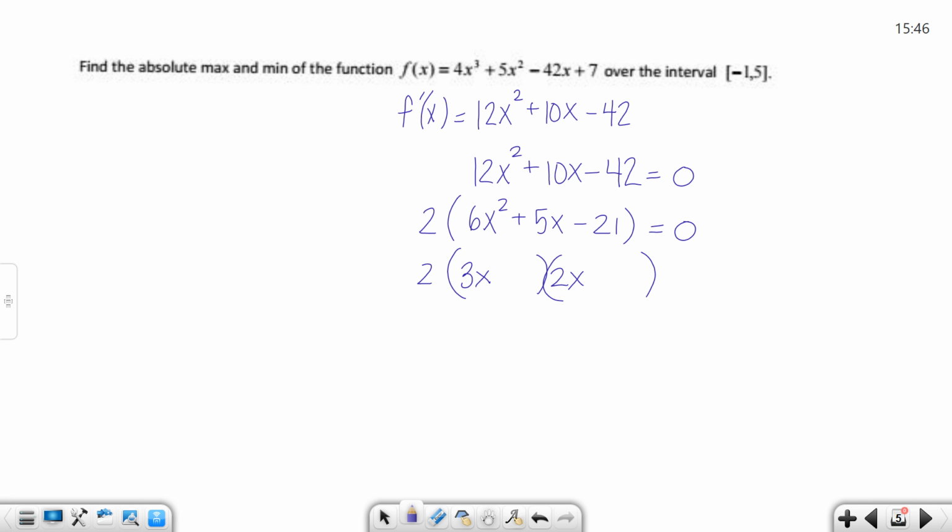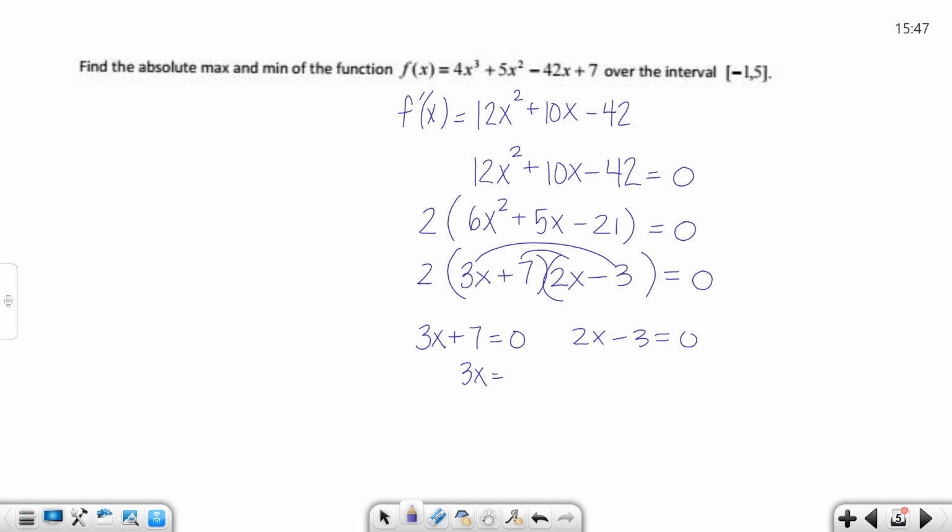I'm going to choose the factors 3 and 2 for 6, and I'm going to try the factors 7 and 3 for 21. This gives me 9x, and this gives me 14. So I need the 14 to be positive and the 9 negative. To solve out this equation, I'll divide both sides by 2, so the 2 goes away. So then you just have 3x plus 7 equals 0, and 2x minus 3 equals 0.